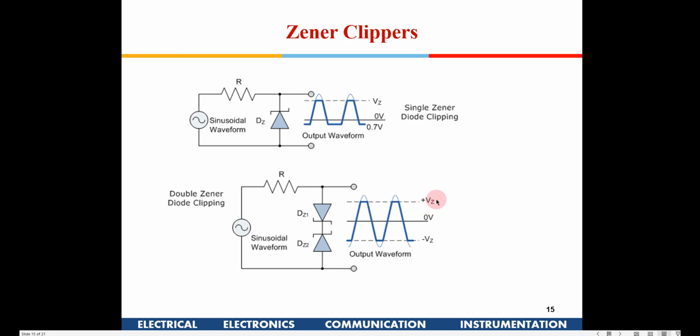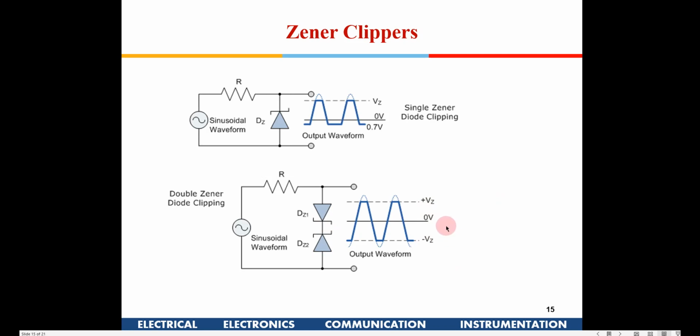So this will actually be Vz plus 0.7. Similarly, in the negative cycle, this Zener Z1 will get triggered, and this is forward biased, so it will be minus of Vz plus 0.7. So an additional 0.7 needs to be added here.